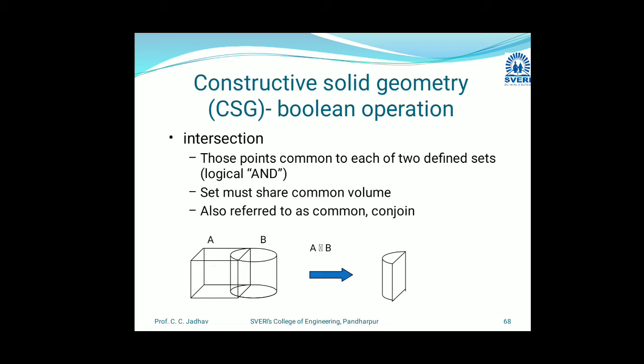So this is the third boolean operation, intersection. You can see here two objects A and B. From these we get a final intersection object, A intersect B, meaning whatever the common area between these two objects is, we create the new final object, called the boolean intersection operation. So these are the constructive solid geometry boolean operations.